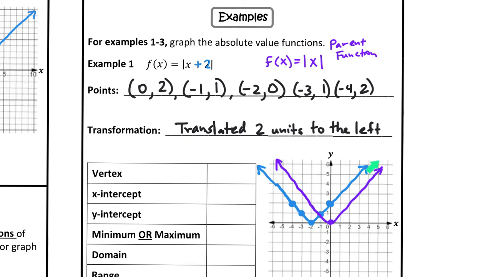So the purple function is the parent function, right? This blue function is this graph over here. So I have the parent function and I have the transformation function. What's different from the purple and the blue? It's the same shape, just that it's been moved to the left. How many spaces did we move it? It's 1, 2. So it still keeps the same shape. It's just been moved.